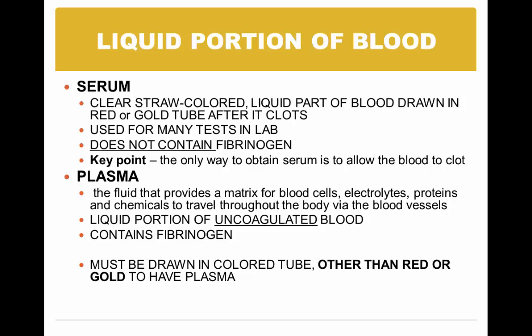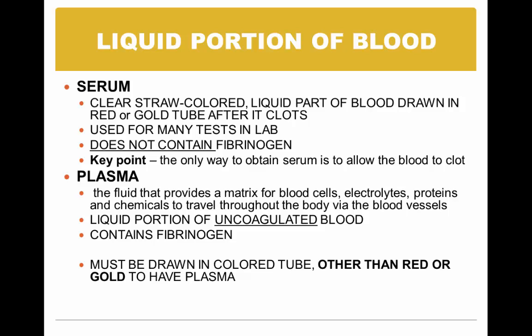So a key point to remember here is the only way to obtain serum is to allow the blood to clot. So in the red tubes, the fibrinogen is in with the clot at the bottom of the tube. Something to remember.